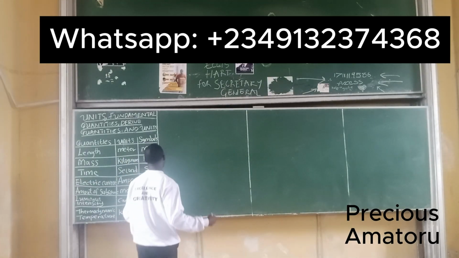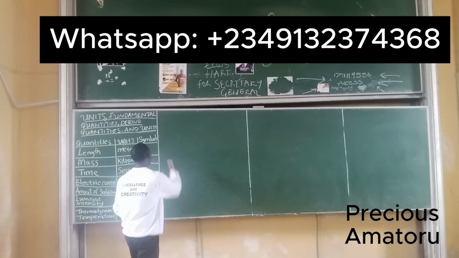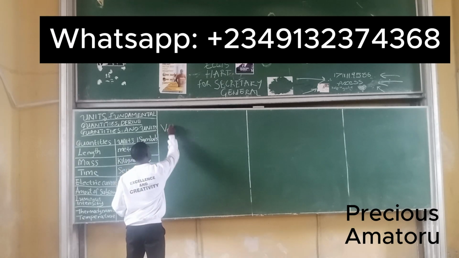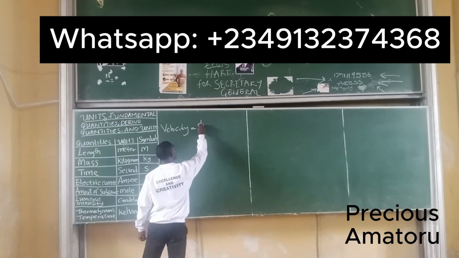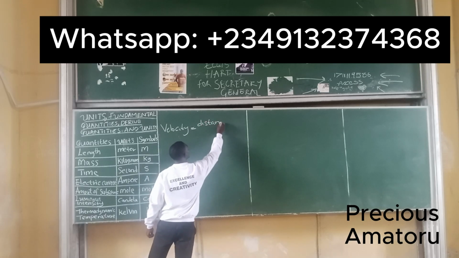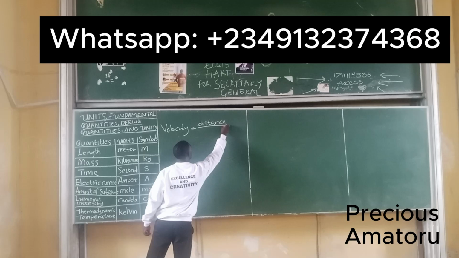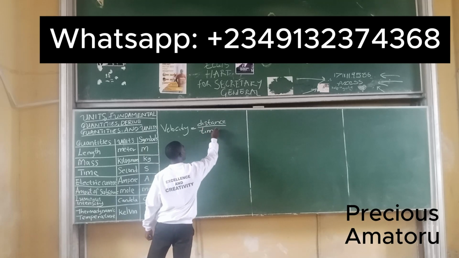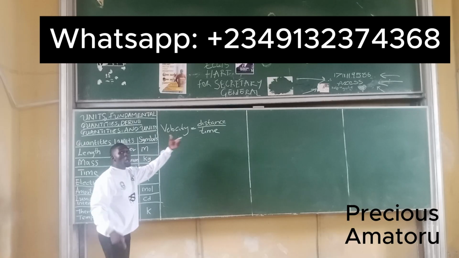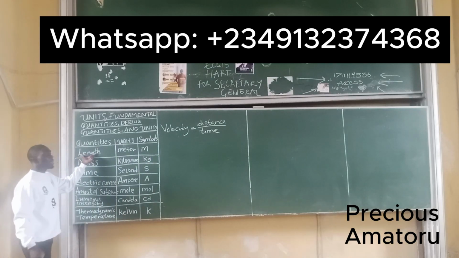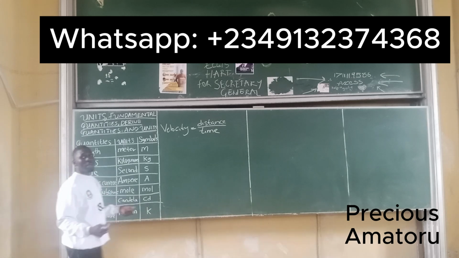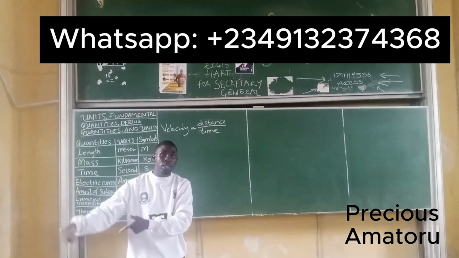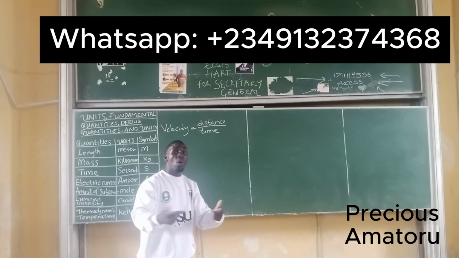So for instance, if I want to get velocity, I will have to divide distance all over time for me to get my velocity. Notice that distance is measured in meter, which is length, and also time is here. So actually, we use the fundamental quantities to get our derived quantities.